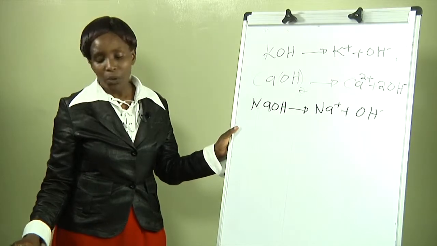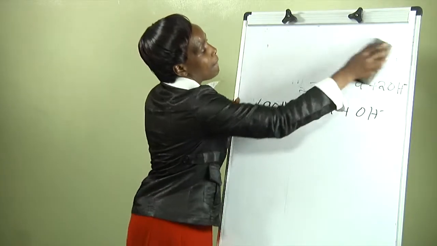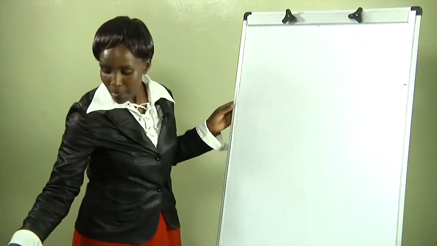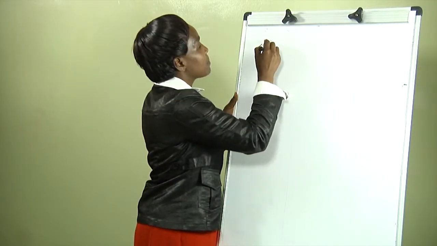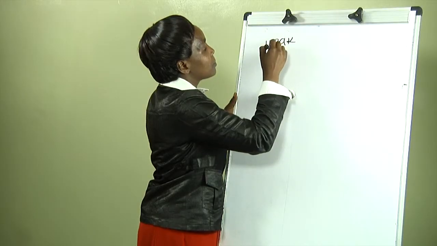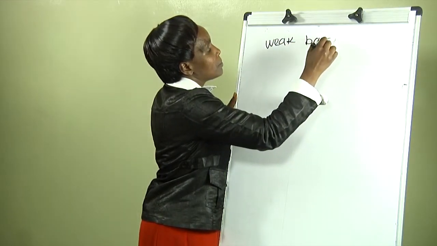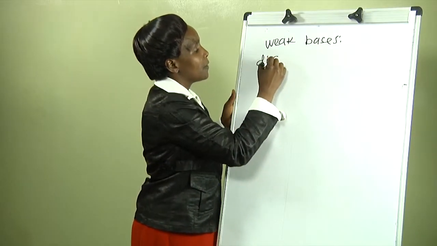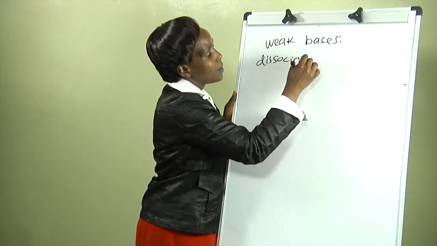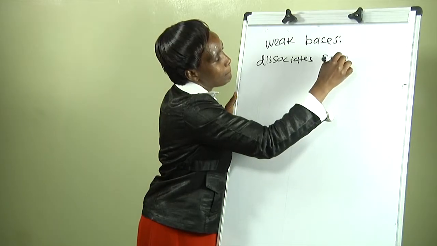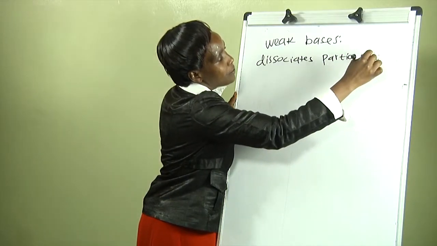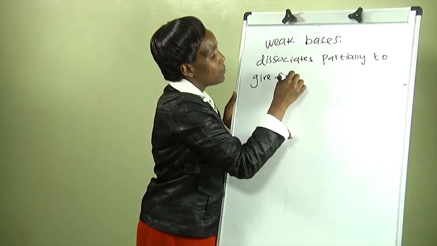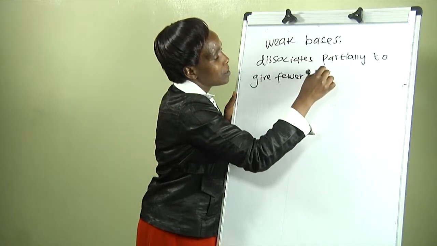Now, when we talk about weak acids, not acids but bases, weak bases, we have said that this one dissociates partially to give fewer OH ions.